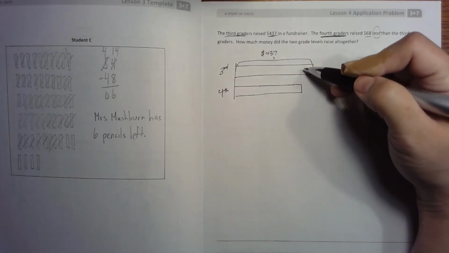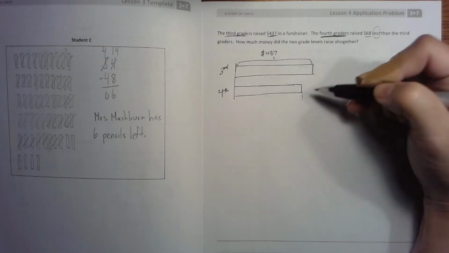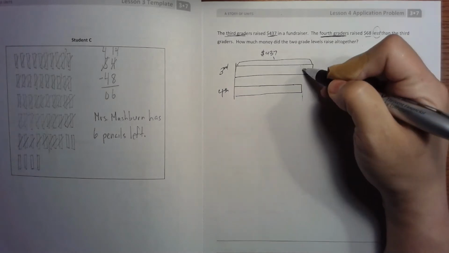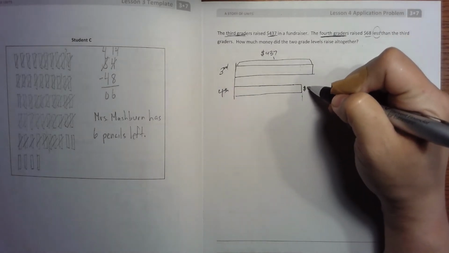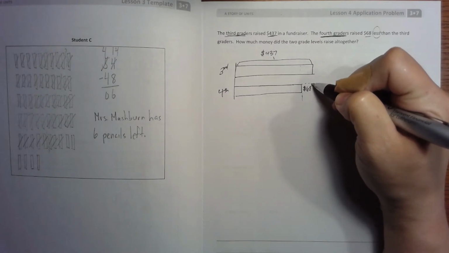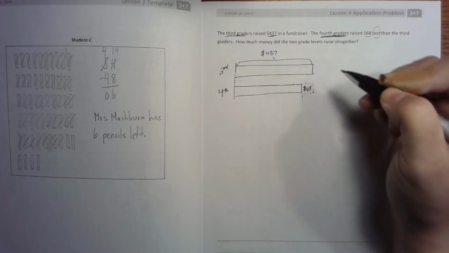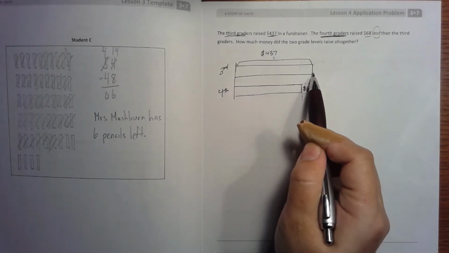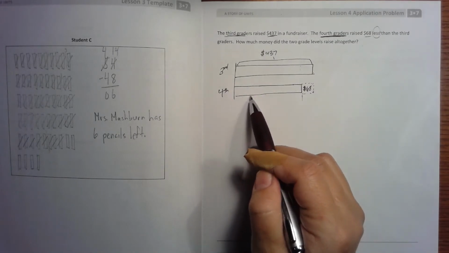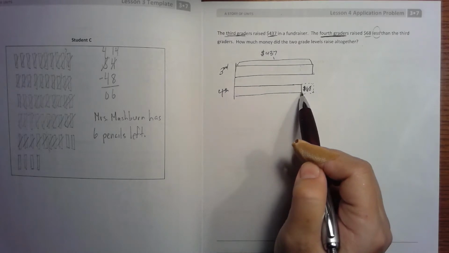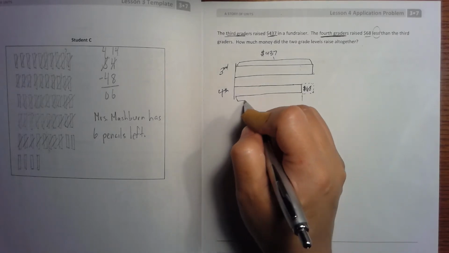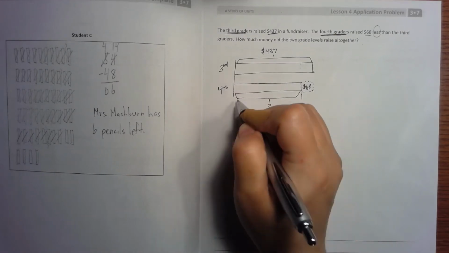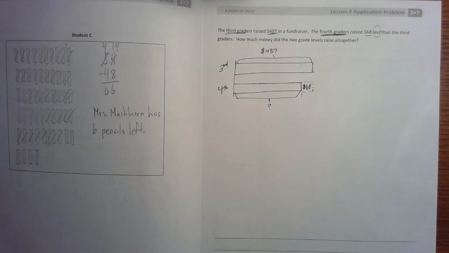But I do know it's less than the third graders because it said so. In fact, I know that it's $68 less. So I could draw this to show that when they counted up all the third grade money, they got to 437 here. And when they counted up to the fourth grade, they had $68 less. But we don't know how much the fourth graders actually raised, and that's what we're finding out in our diagram.